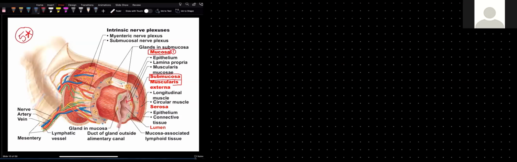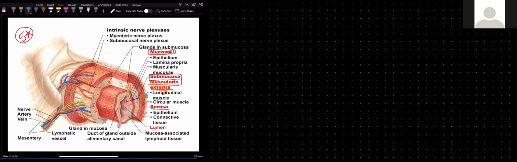Comes after that, underneath the mucosa, we've got the submucosa. And then we've got the muscle layer of the gastrointestinal tract tube. This is going to be the muscularis externa. And to the outside of the muscle layer, we've got the serosa.